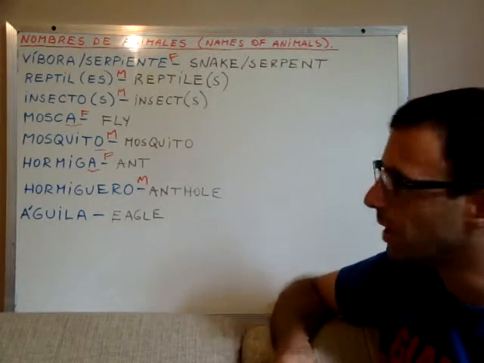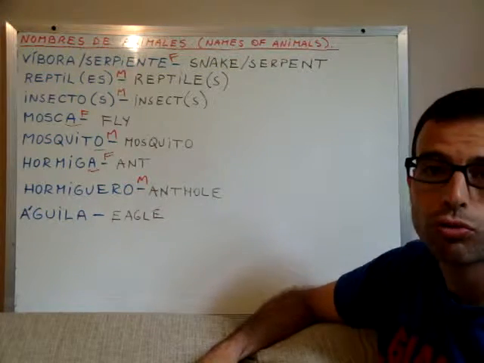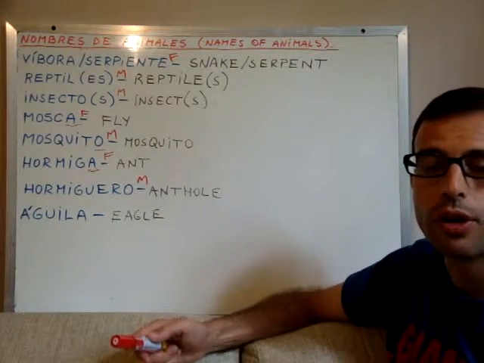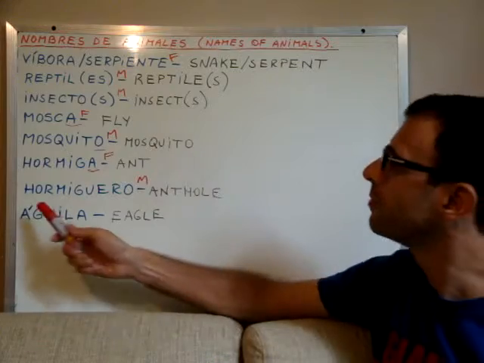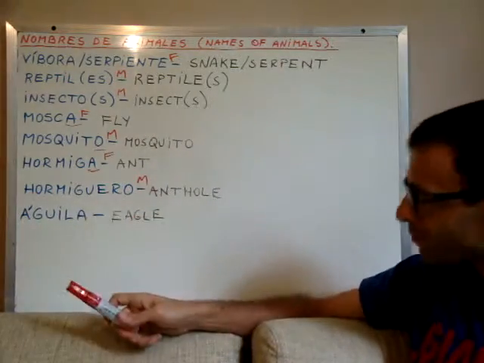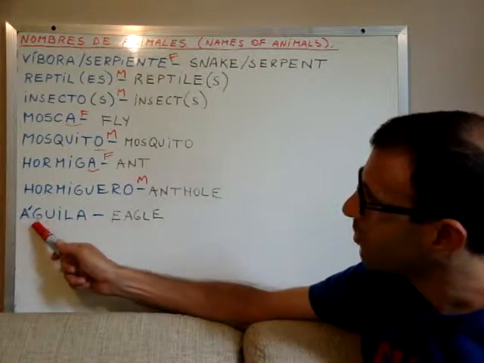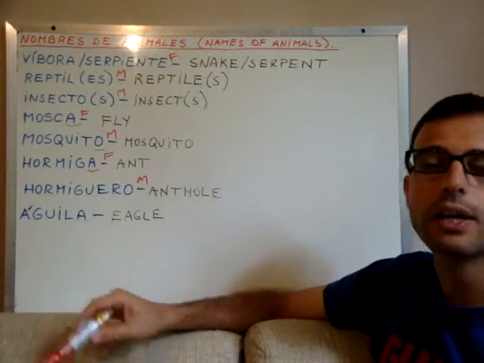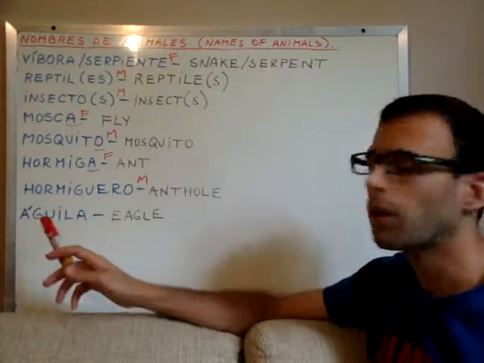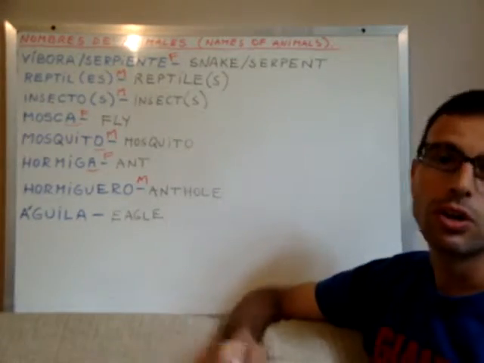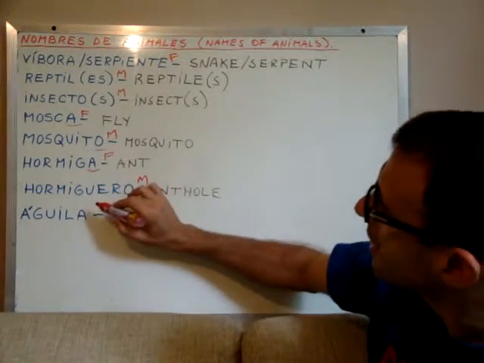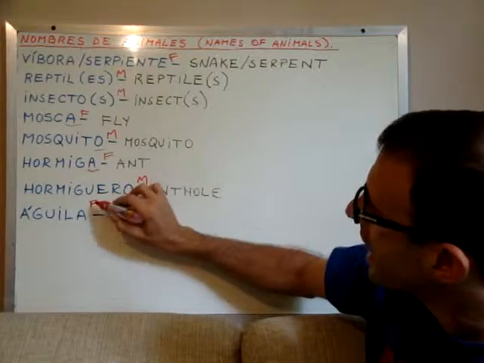El hormiguero or los hormigueros for the ant holes. This last word, the eagle, I'll use it as an example of what I wanted to explain about the feminine nouns that begin with an A.